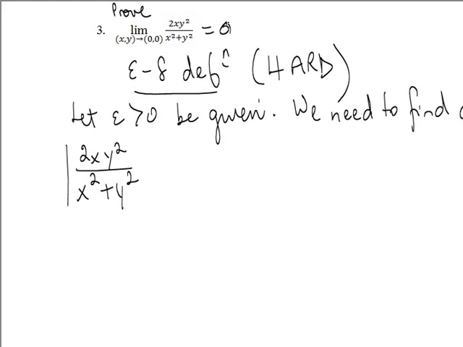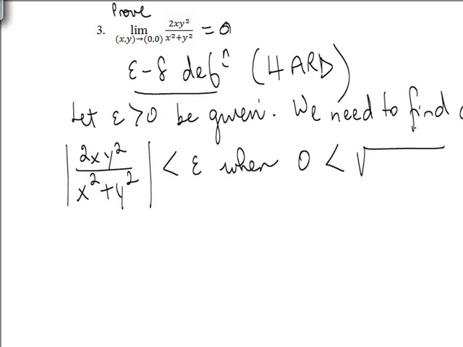Okay, so the definition says |f(x) minus the limit|, which is 0, is less than epsilon, whenever 0 is less than the square root of (x minus a) all squared plus (y minus b) all squared.